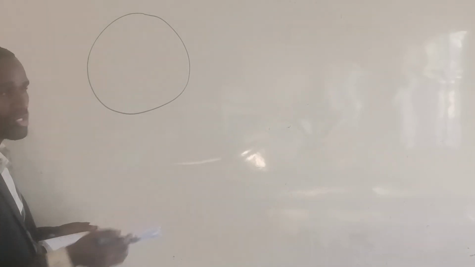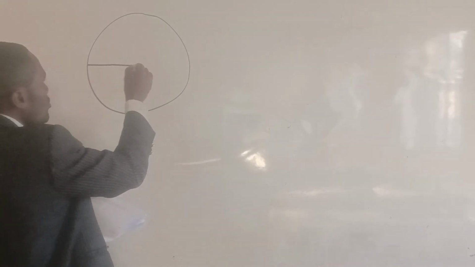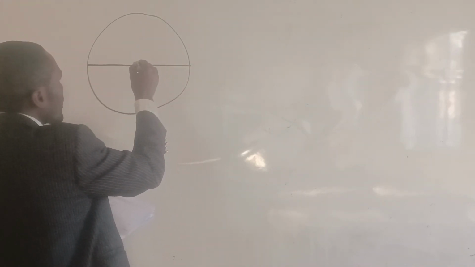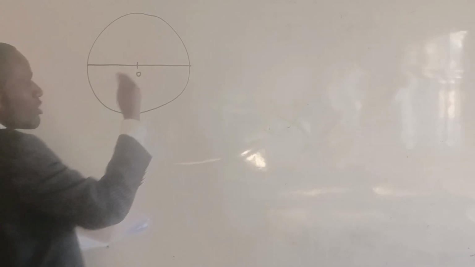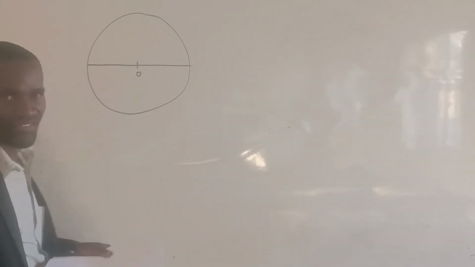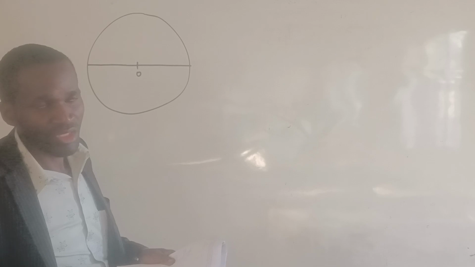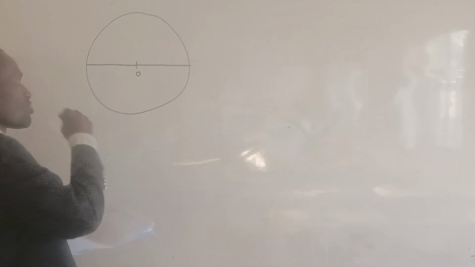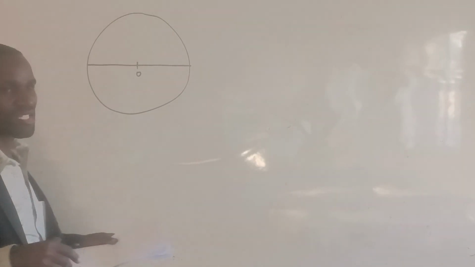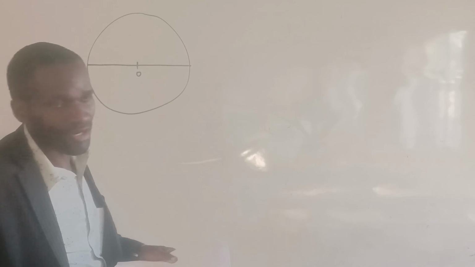This is our circle, and we must have been told at one point that a circle is circular in terms of any description. Any line that passes through the center of the circle and touches two sides of the circumference must be referred to as a diameter.